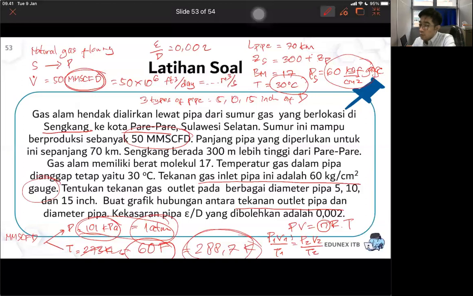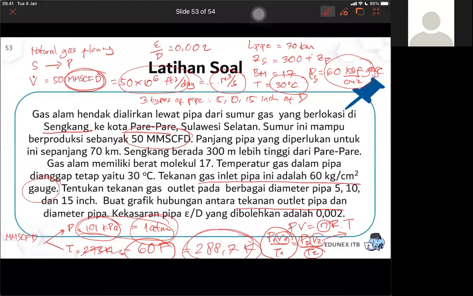So at standard condition, 1 bar, 288 Kelvin, the flow rate is this one, but you need to convert it first. Then at 60 and 30 degrees C, you have the actual flow rate. Okay, understand?